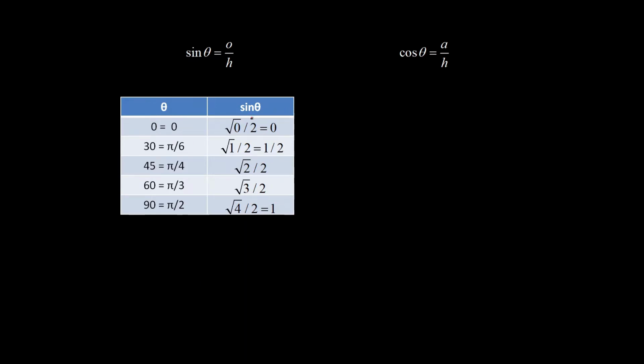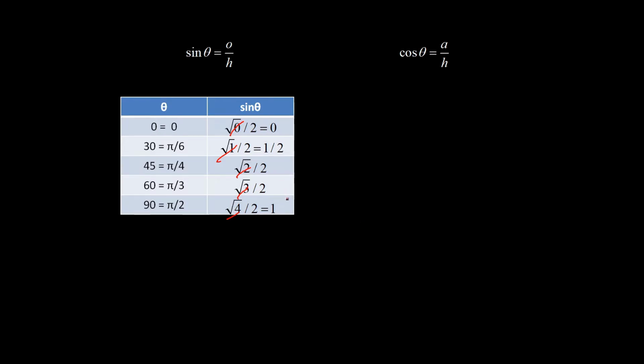And there is a pattern to the output. If you notice over here in the output, everything is always divided by 2. And if you look at the numerator, it increases: 0, 1, 2, 3, 4. And it's all under a square root. That's the pattern.